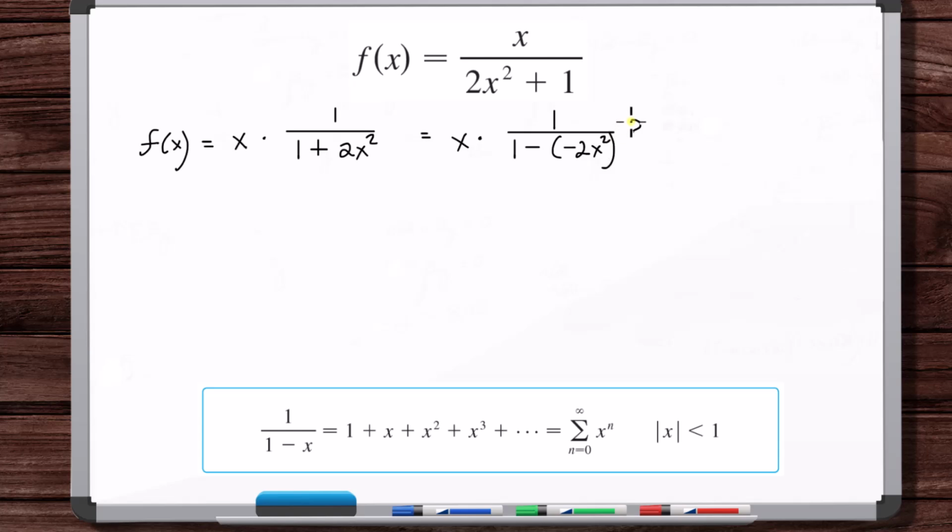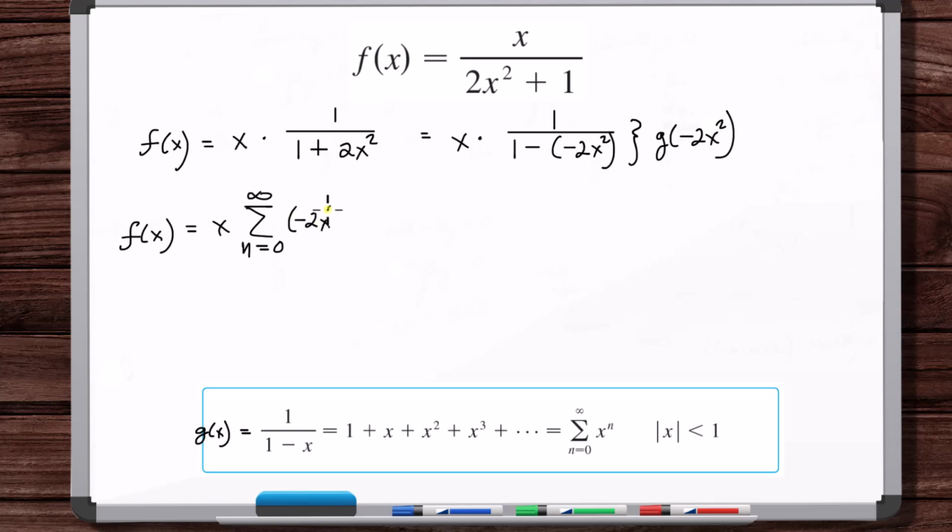So this here is, if this is g of x, this is g of minus 2x squared. So we've got that f of x is equal to x times that. Okay, but let's bring that x back in.